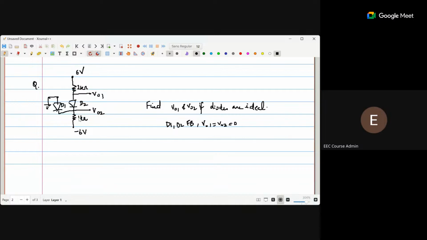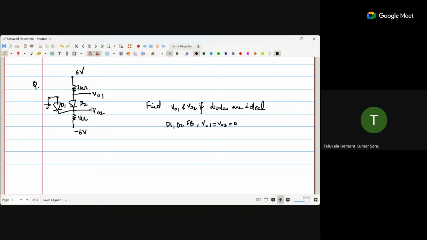According to these voltages also, both the diodes will be forward biased, ma'am. Otherwise, you will get a different value for V01. Am I right?